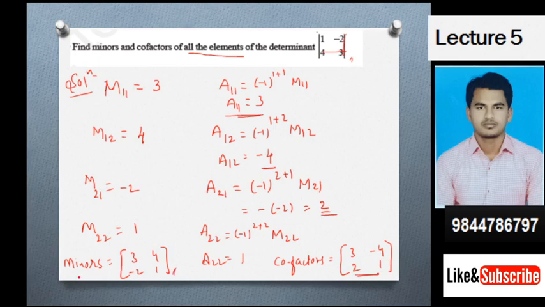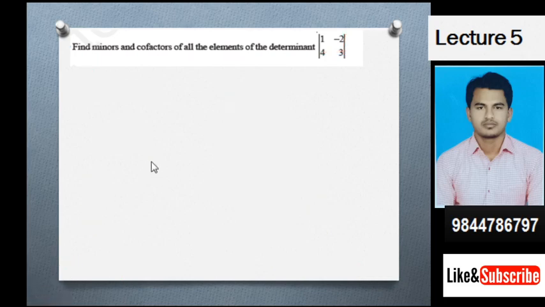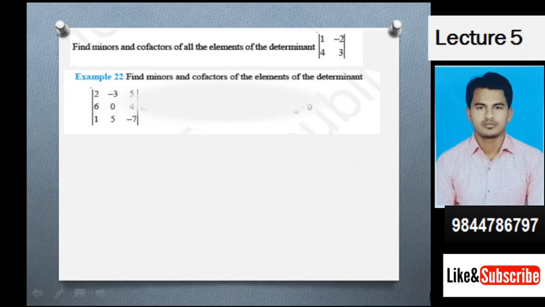This matrix is the minors of the given matrix and this is our cofactors. So find the minors and cofactors of the elements.